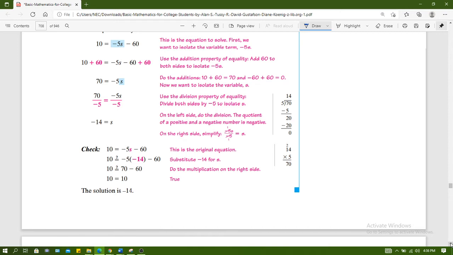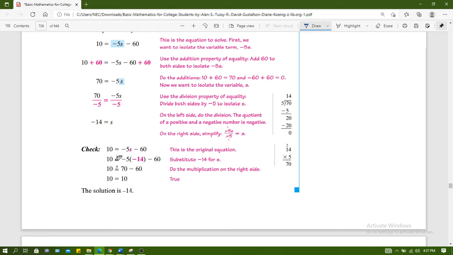Because sometimes we have an erroneous solution. Yeah, sometimes you get the value of the variable, but then when you check, it's wrong. That's an erroneous solution. So here, let's check if we will get a true statement after checking. So 10 is equal to negative 5s minus 60.